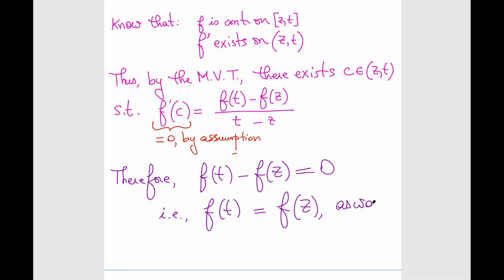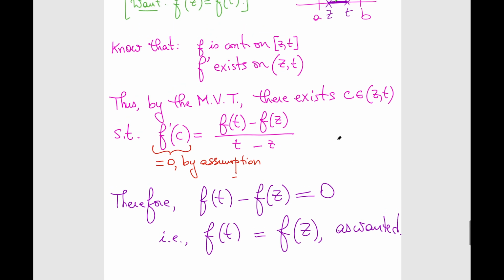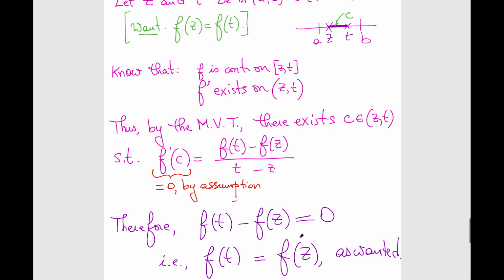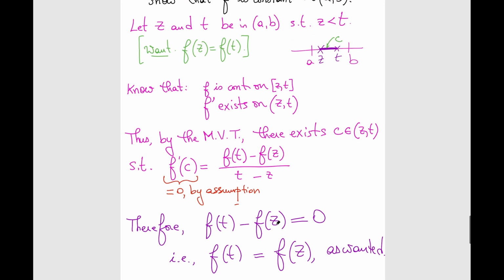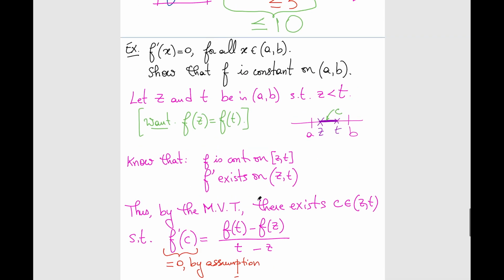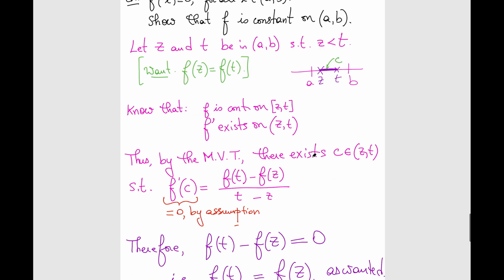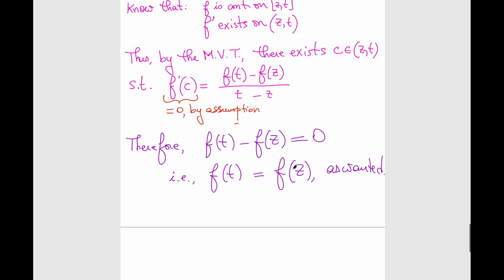as wanted. This is what I wanted. Right? Why? It's right there. And at this point we're done because z and t were randomly chosen in (a, b), and f takes the same value at those two arbitrarily chosen points. So f must be a constant on that set (a, b).